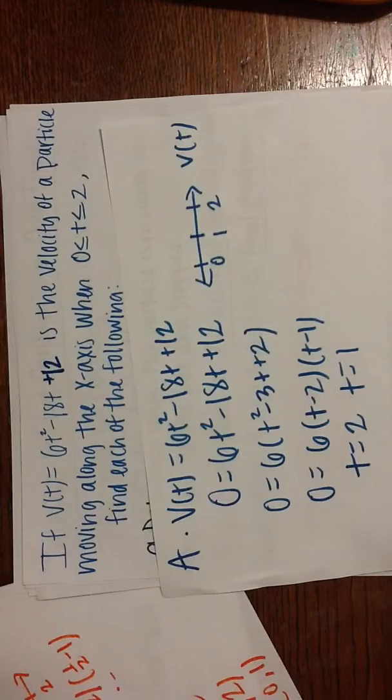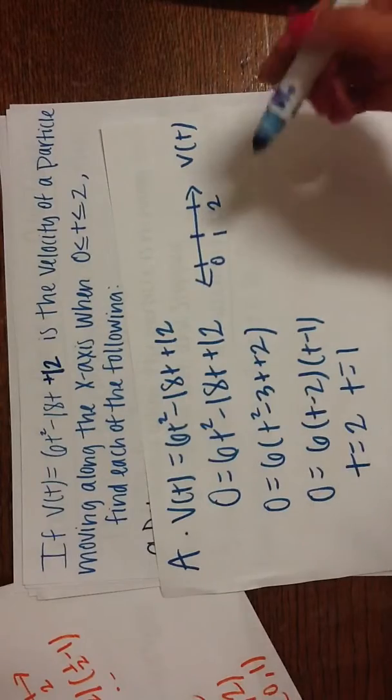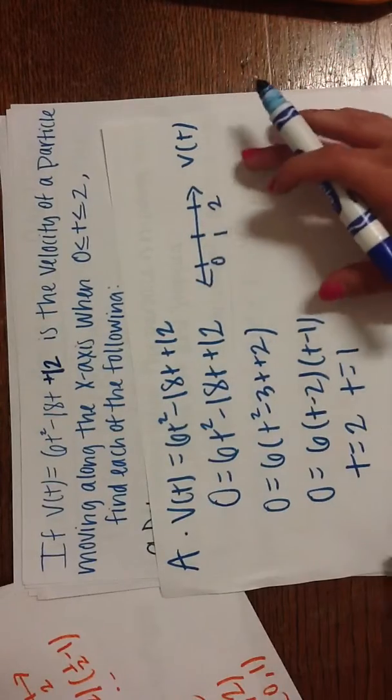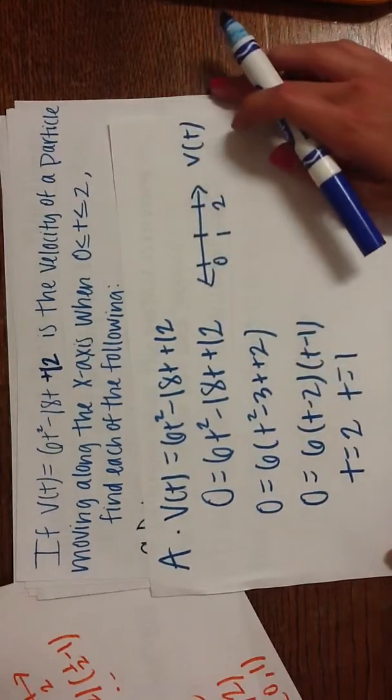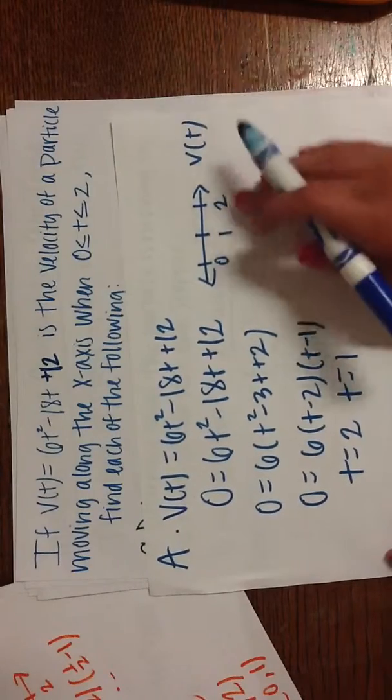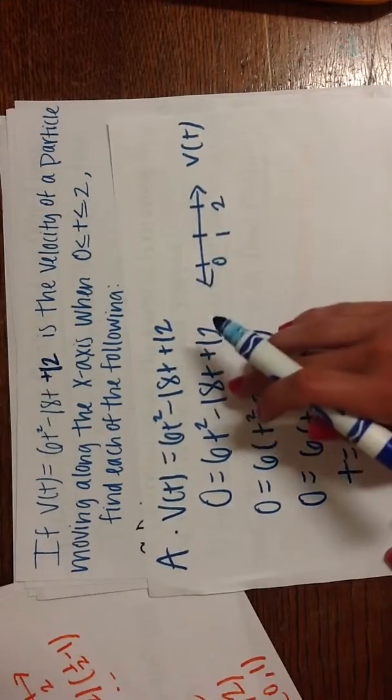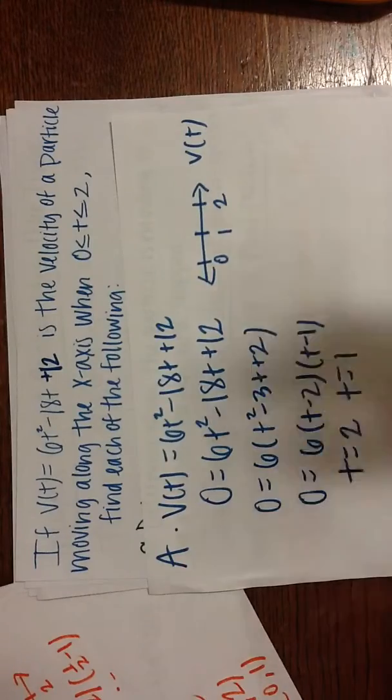And we need to determine when the particle is moving left and right. To do so, we need to find out when the velocity is negative and when the velocity is positive. When the velocity is positive, the particle will be moving right towards the more positive integers.